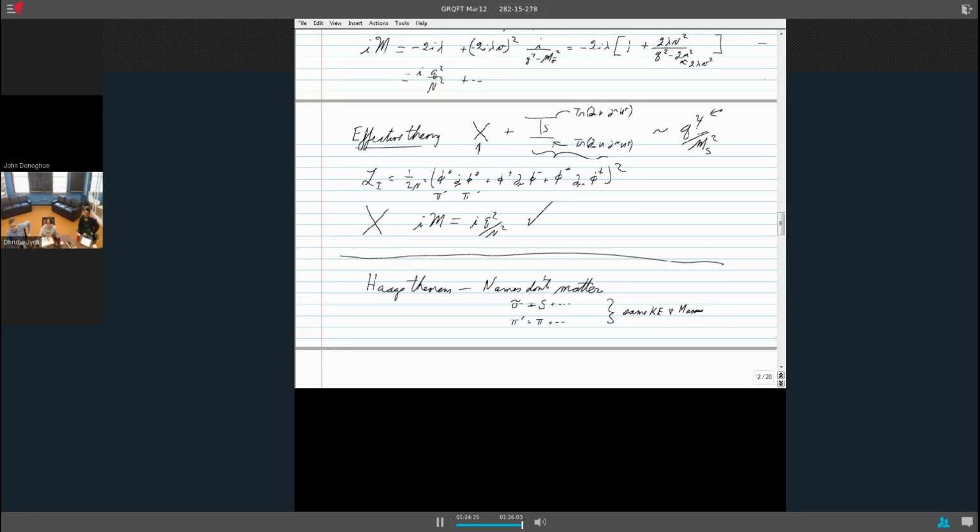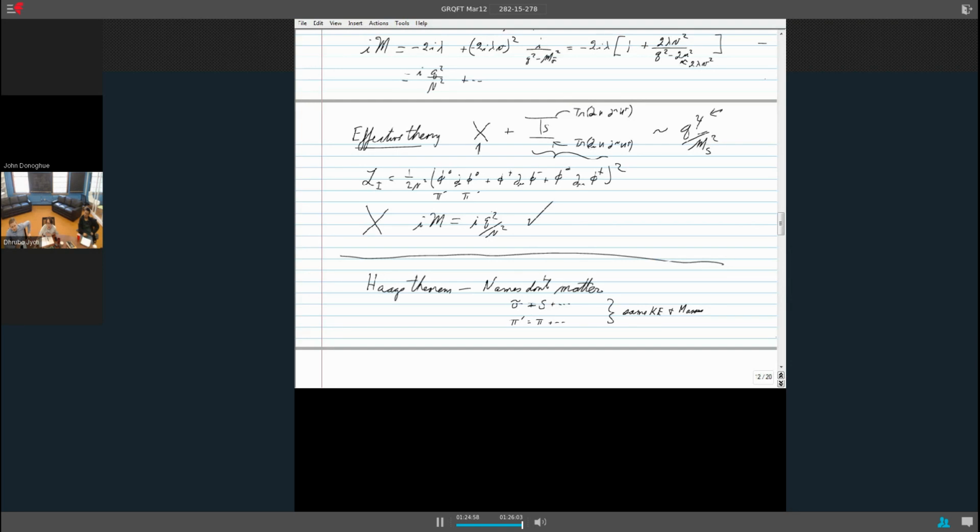That's an example of what's called Haag's theorem. Basically, you're allowed to do any renaming you want. Names don't matter. The only condition on Haag's theorem is you have to have your fields start off the same way.